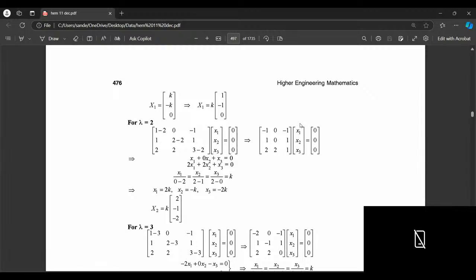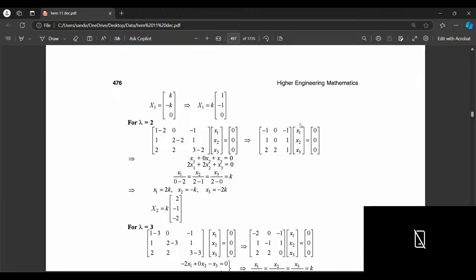We use Cramer's rule here. x1 divided by the determinant of the other coefficients, 0 1, 2 1, so 0 minus 2.